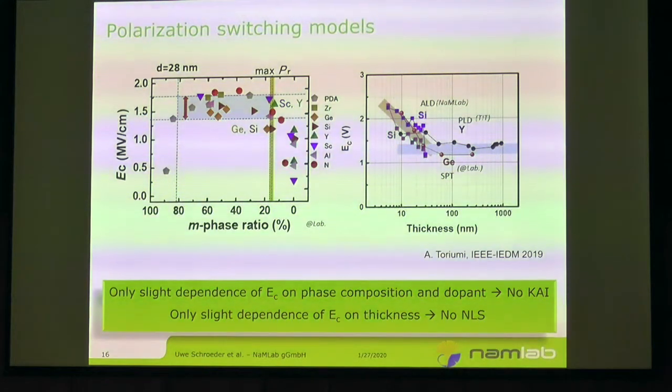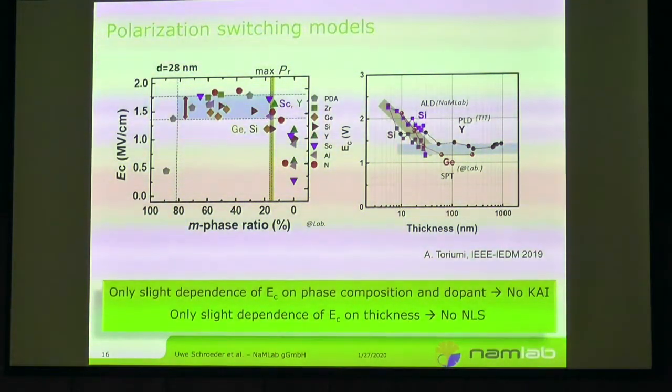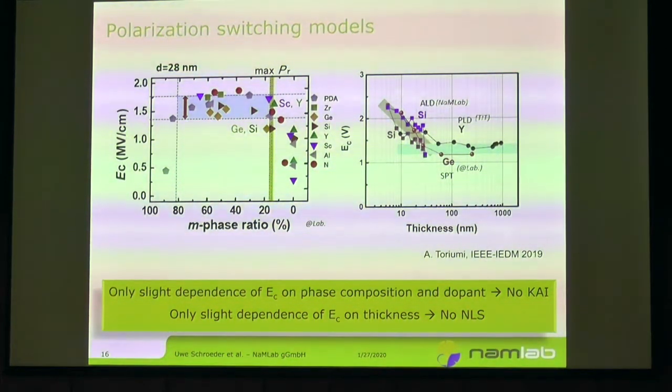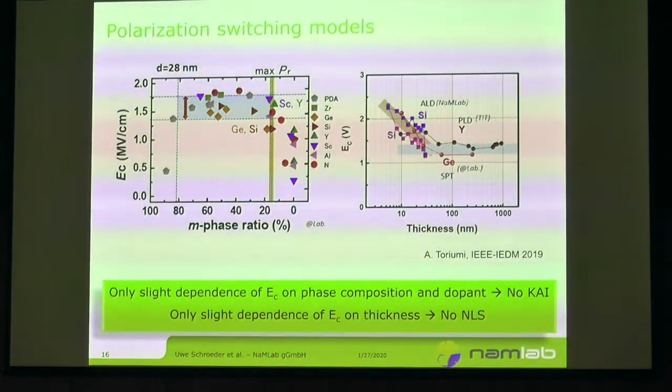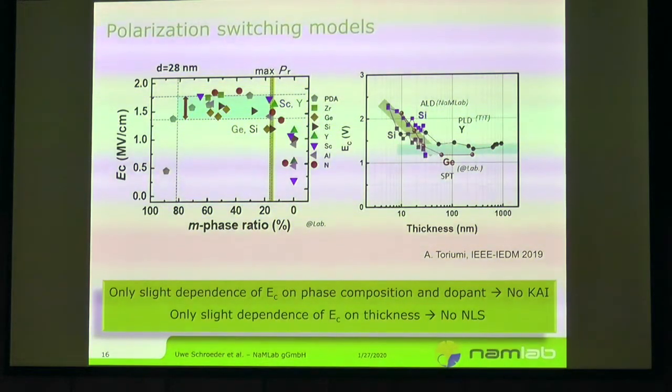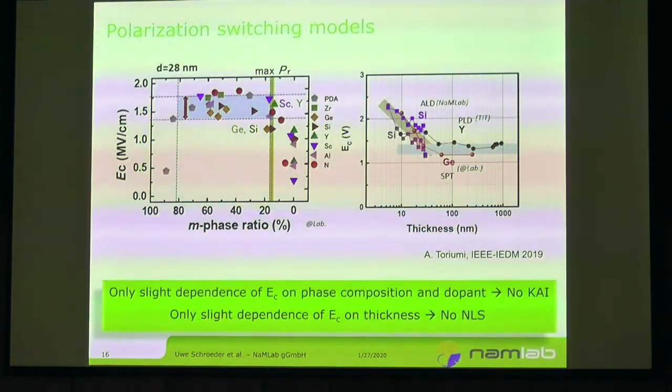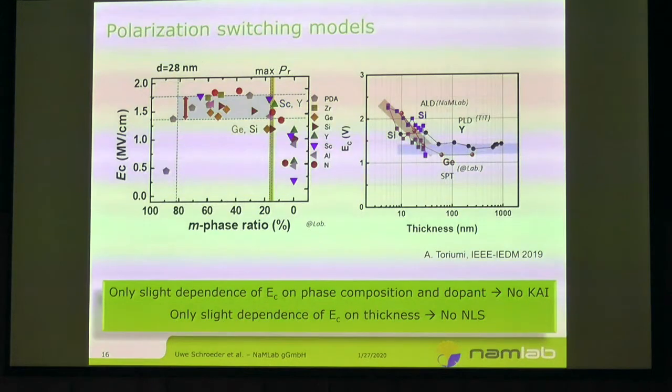The other thing is that if you look at the thickness dependence of the hafnium oxide, you see a really broad range, even for epitaxially grown hafnium oxide films, where the coercive field is a little bit above 1 megavolt per centimeter, and only for the very thin films below 10 nanometer is the coercive field going up. But I'll show you later, we think this is coming from some depolarization effects.